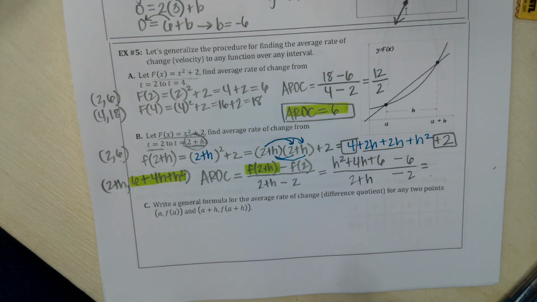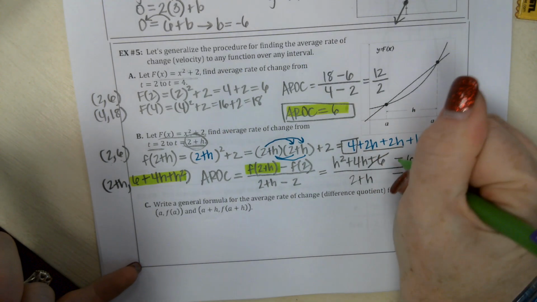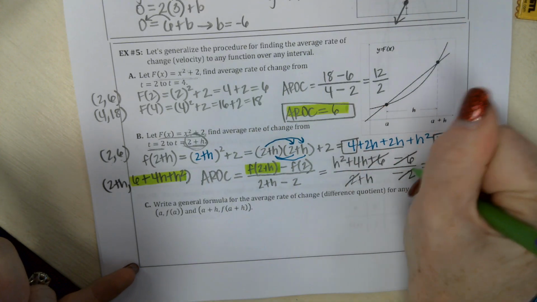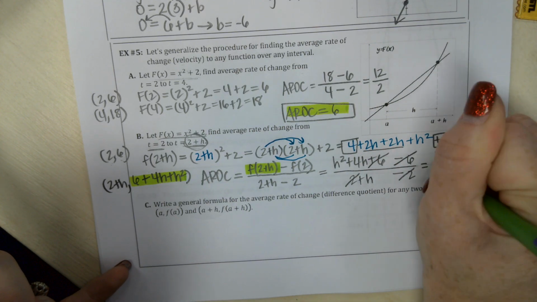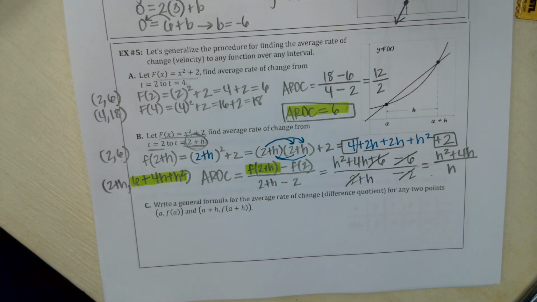All right, now I see some like terms. Okay, you've got the 6 and 6, and the 2 and the 2. So this simplifies right here to h squared plus 4h over h.